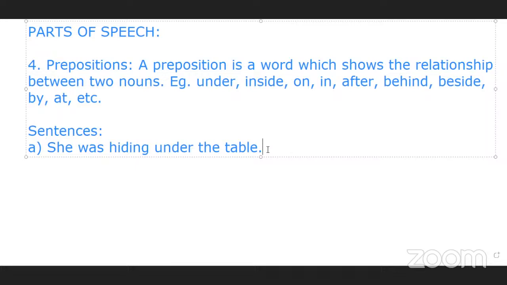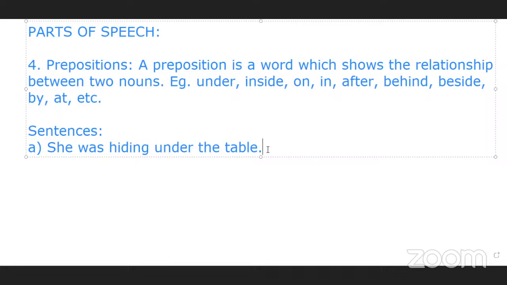Remember, we said a pronoun can also replace a noun. So it may be a pronoun too. So the she. Very good. She. And which one? The table. Excellent, Nana.